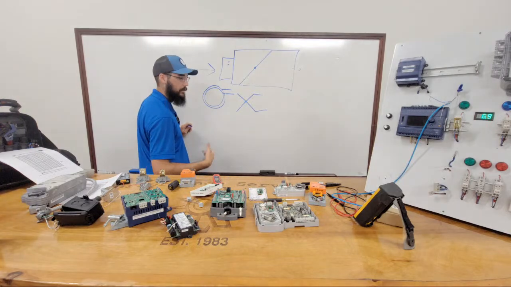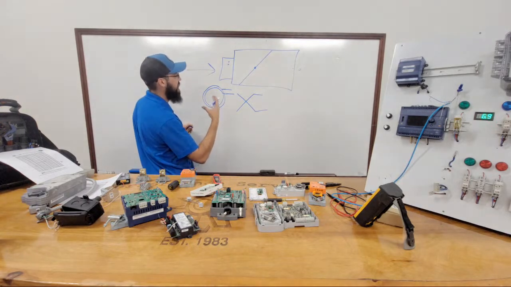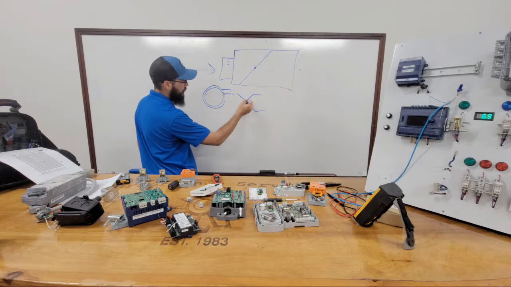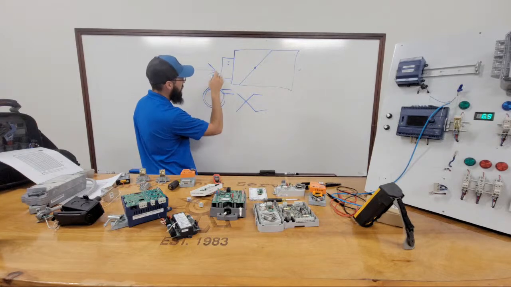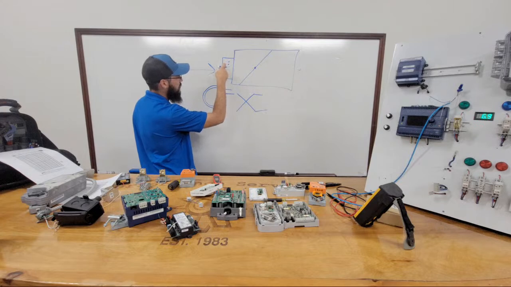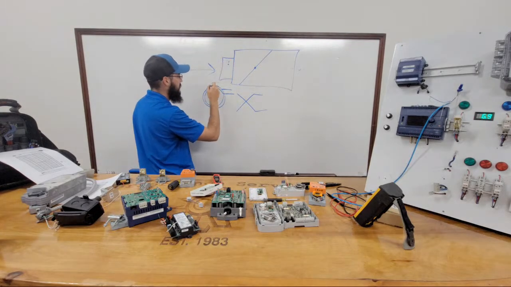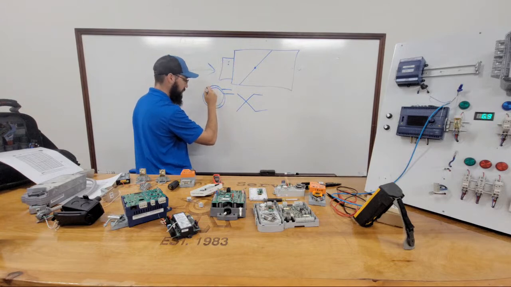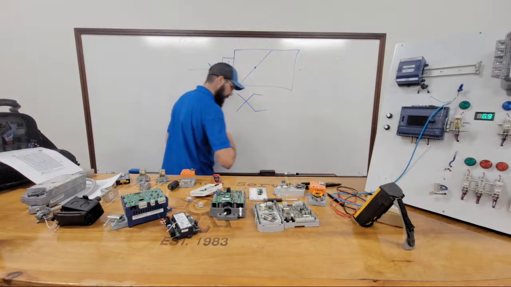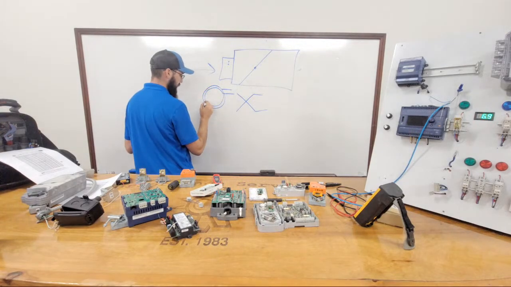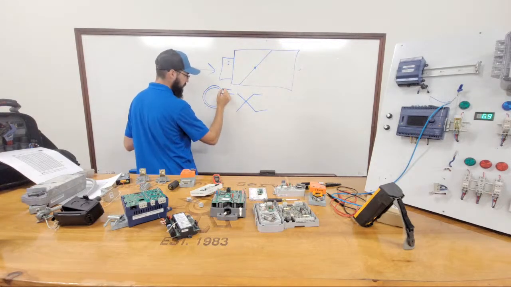I'm not going to say one's more popular than the other, at least not that I've noticed. Anyway, the difference is the one closest to the inlet air is going to have little ports in it. Little bitty pickup ports.